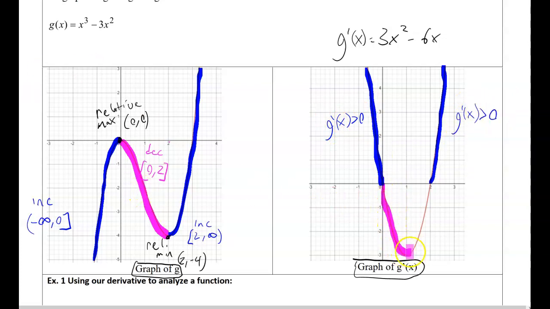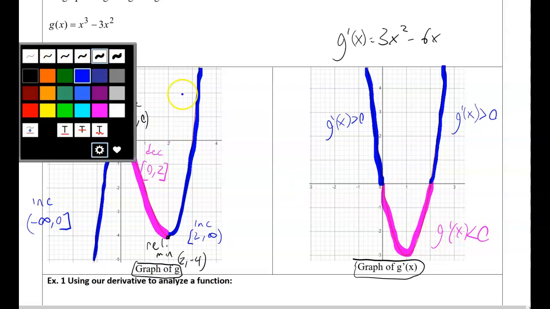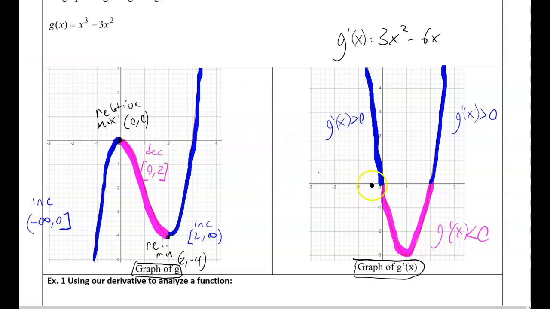And then my third interval was from 0 to 2, and here we have g prime is less than 0. And then at my maximums and my minimums, we had x equals 0 and x equals 2, my derivative changes signs, right? So this relationship makes perfect sense, right?